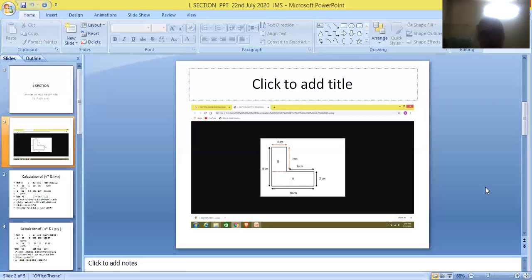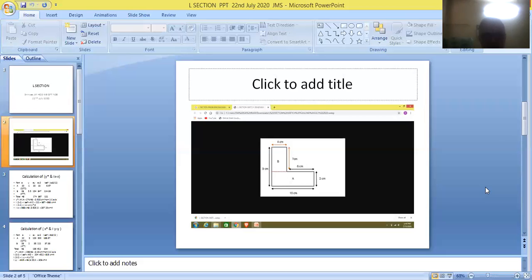Now friends, as the name itself implies, looking at the figure, the area of cross section is in the form of a letter L. So simply it is called an L section. This L section is made of two components, as shown very clearly in the figure.